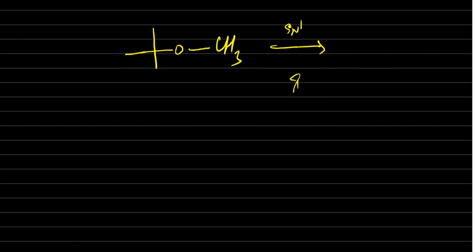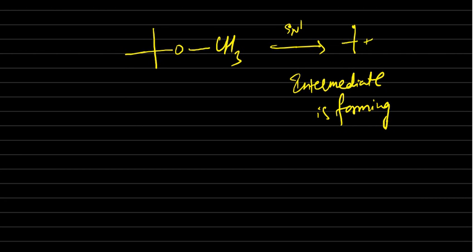An intermediate is forming, and obviously the tertiary one is more stable. So it forms the intermediate like this, then CH3ONa. Why are we taking HI here?